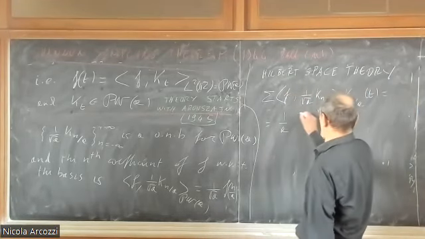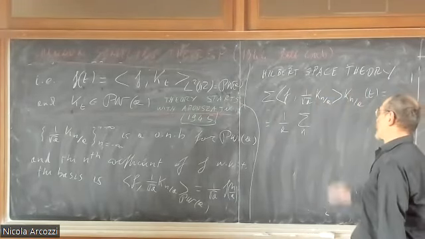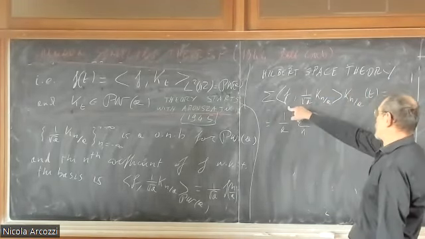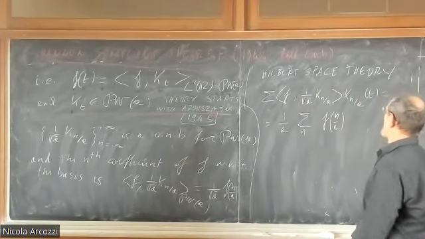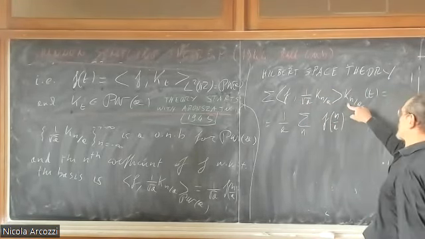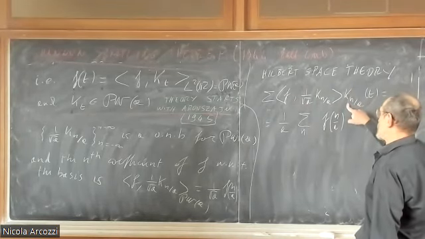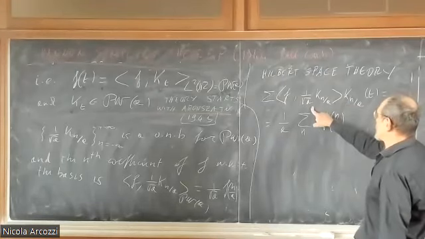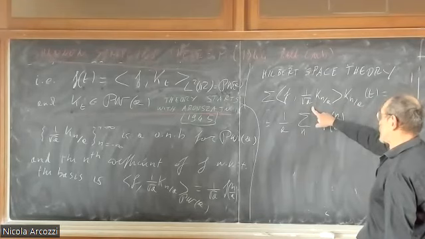This is 1 over a times the sum over n of f n over a times this function here, okay, because I have this square root over there.